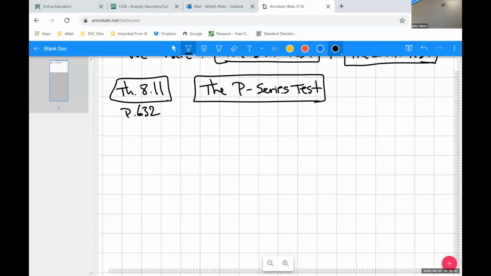And so it states what it refers to as the P-series, which we've actually looked at before, so hopefully this will look familiar, which is a series as k goes from 1 to infinity of 1 over k to the power p in the bottom of a fraction.